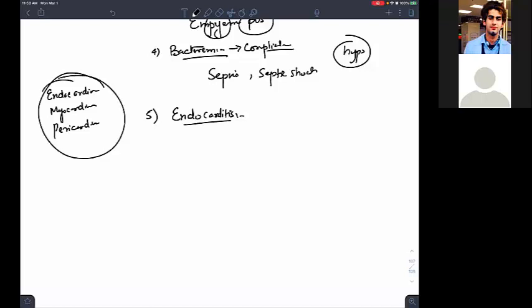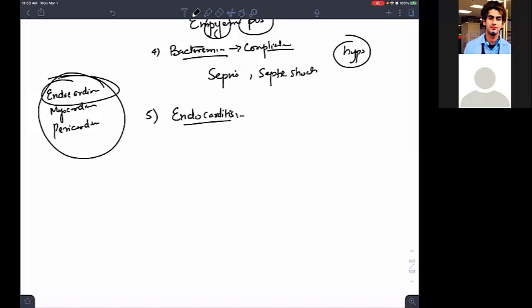The endocardium is the innermost layer, and it also lines your heart valves. If someone has a native valve, a natural valve in my body, I have a tricuspid valve and a mitral valve, right-sided valves and left-sided valves. If I have native valve endocarditis, what is the most common agent?